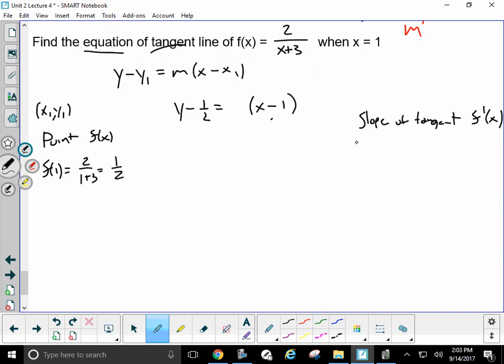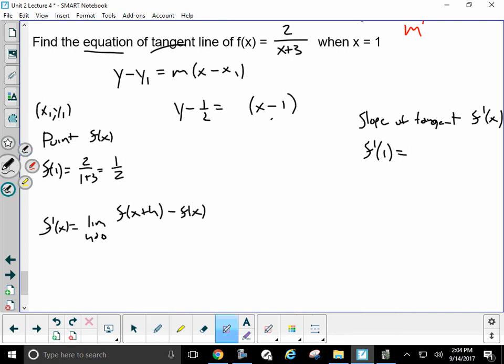It is what this at 1 is equal to. So let's find it, and then let's plug in 1, and that will be my slope. So to find f prime, it's just the limit as h approaches 0 of f of x plus h minus f of x all over h.